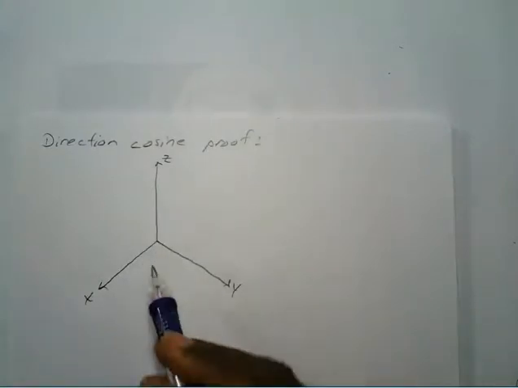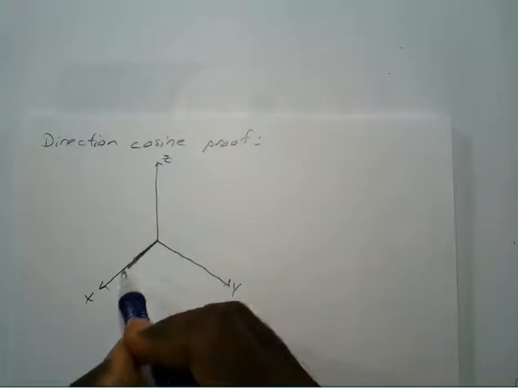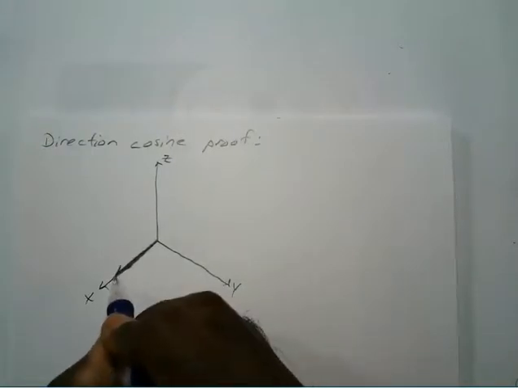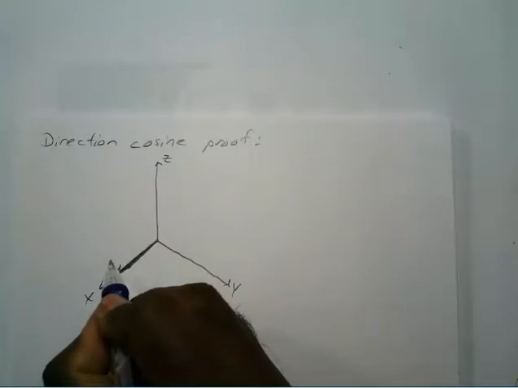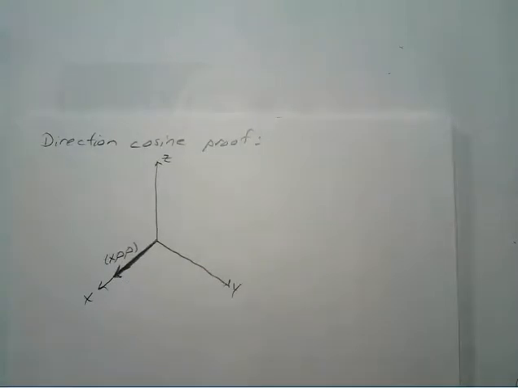Let's say this isn't a unit vector. Let's say this goes out to some value of x. Okay, so this goes out to some point x, 0, 0. It could be 2, 3, 4, 20, 100. It just goes out to that value.